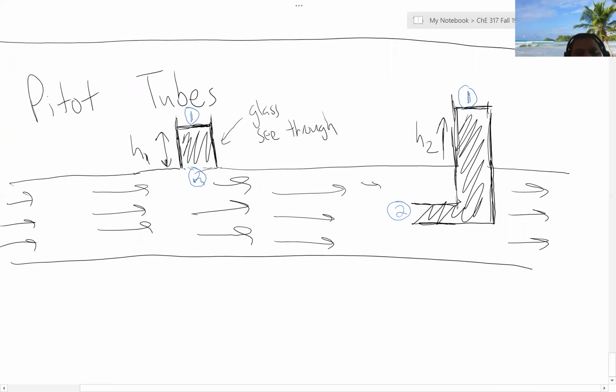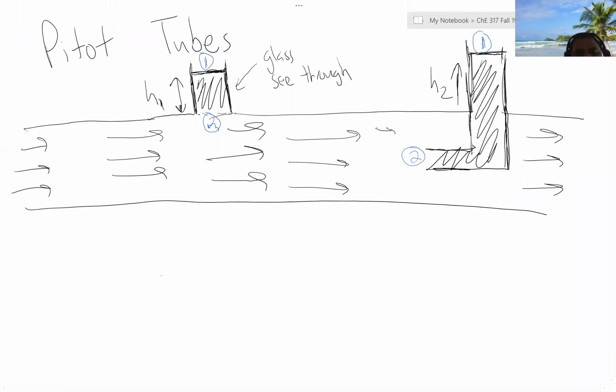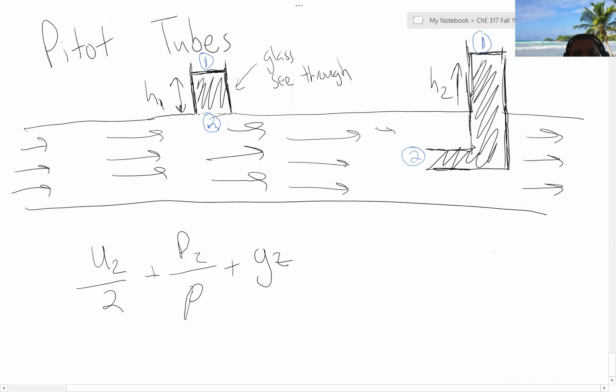So if I was going to look at this first tube, I can see some interesting things.